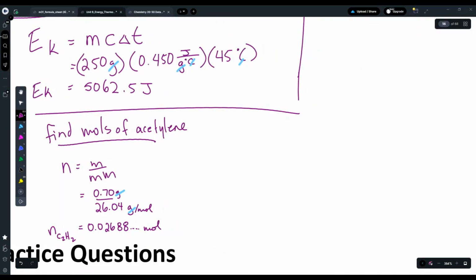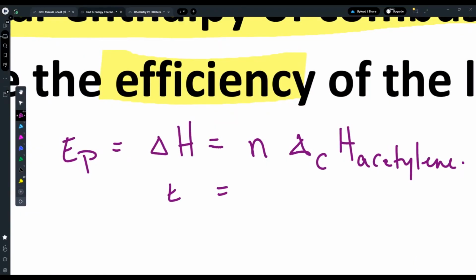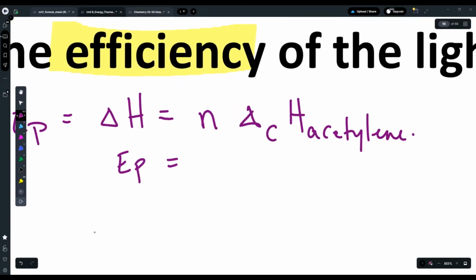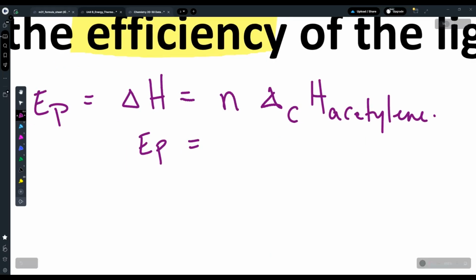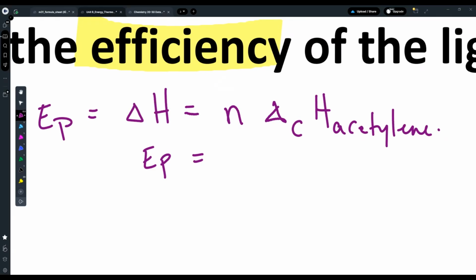Now that we've figured that out, we can keep on keeping on with this. Our moles here is what we just calculated. Another thing to consider with this calculation is that this is going to be an exothermic reaction because acetylene is being burned.